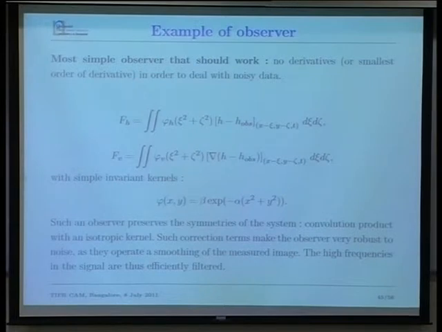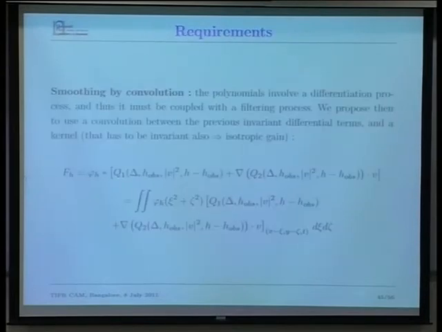So now, let's take the most simple one among all these polynomials and functions. The most simple one is no derivatives, because even if you smooth the observations, taking the Laplacian of it is too noisy. So there is only the constant term, no Laplacian.